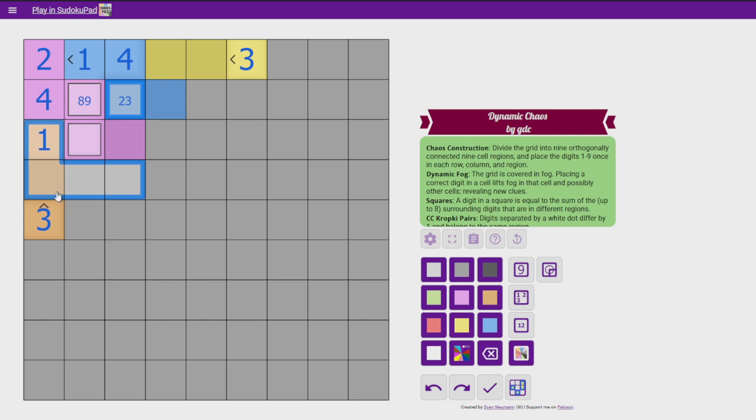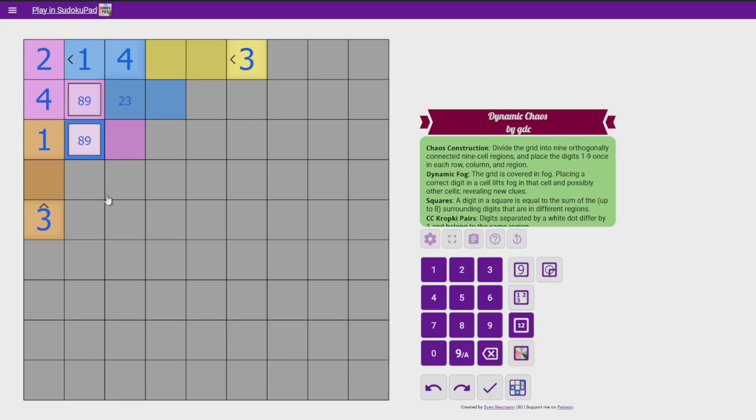Because this can't be a 1, 2, 3, or 4. So the minimum it can be is a 5. Then the minimum this is a 2. The minimum this is a 1. So this is at least 8. So 8 is also 8 or 9. And this is a 5 or a 6, definitely.